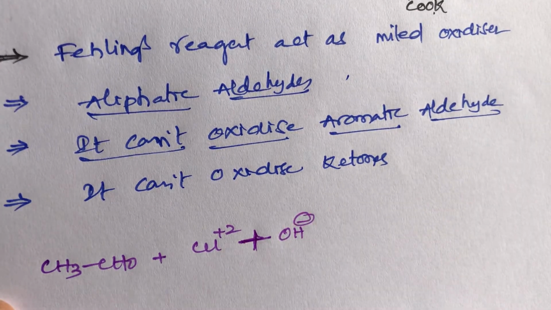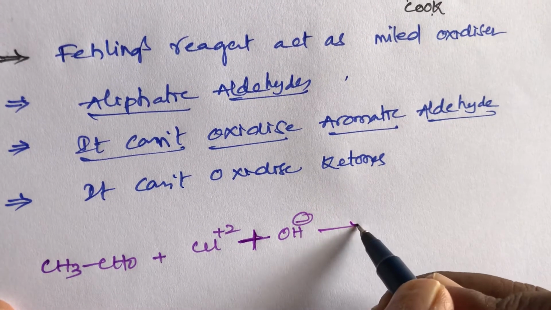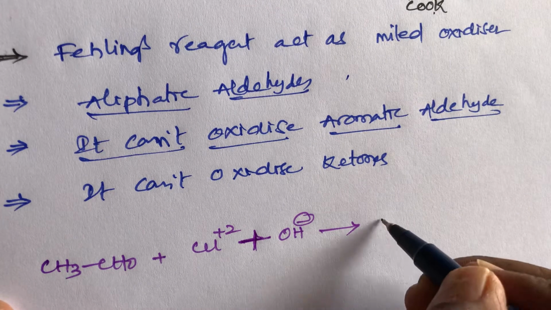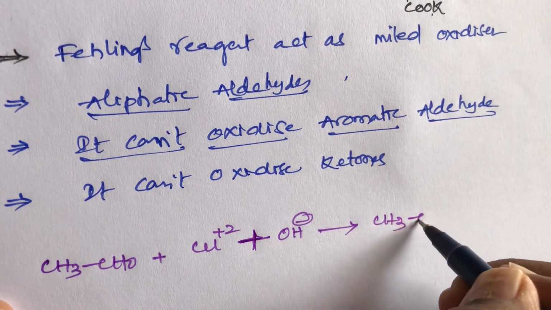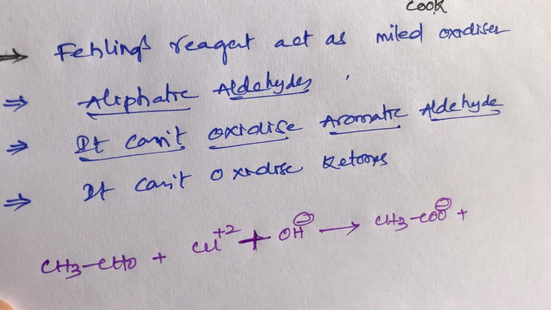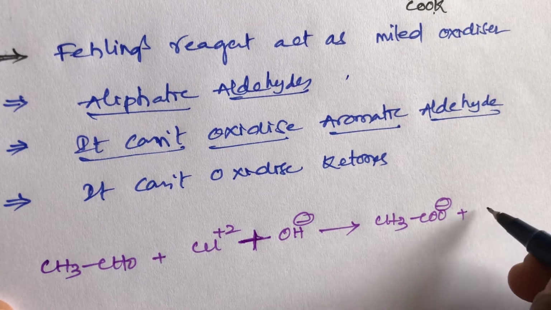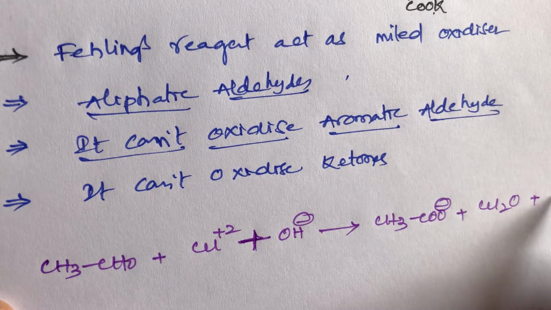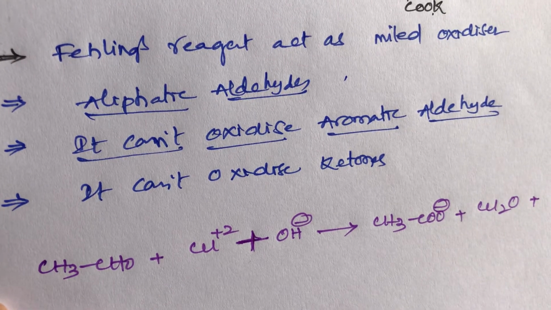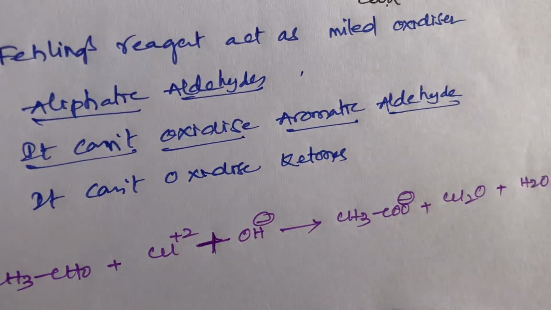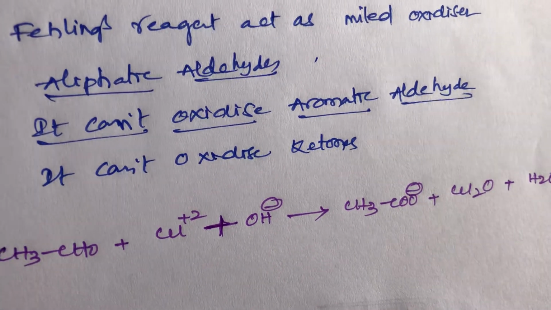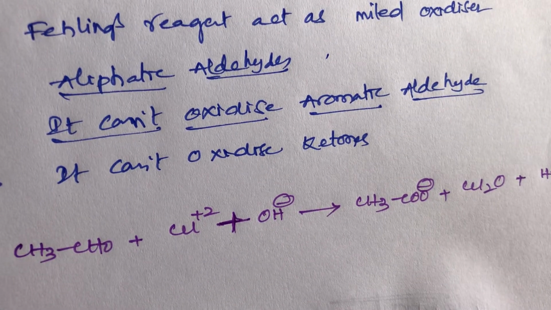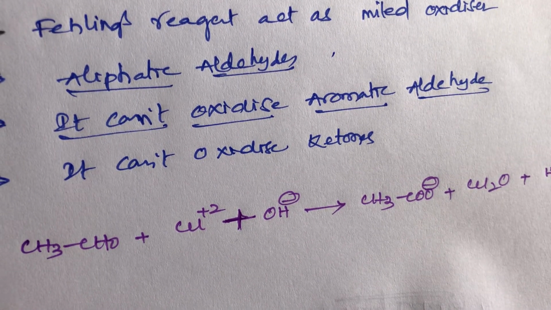It gives CH3COO- plus Cu2O plus water. This is the simple equation, student. So when acetaldehyde is oxidized with Fehling's solution, an acid group is formed.